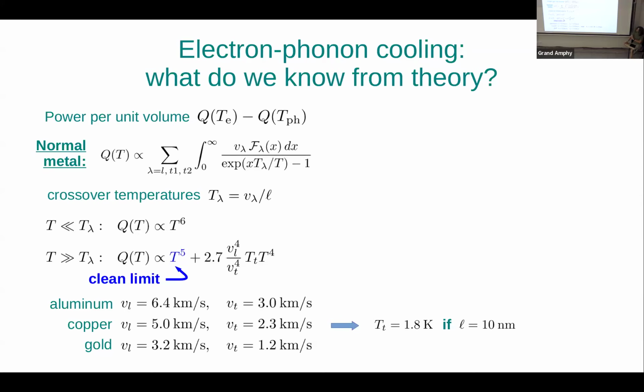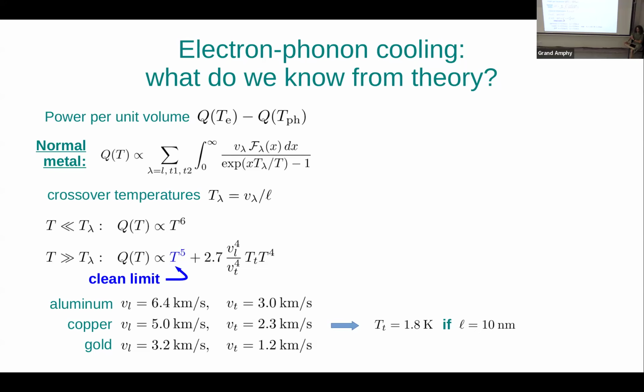And if you go to high temperature asymptotics, you have T to the power 5 for longitudinal phonons and T to the power 4 for transverse phonons. The coefficient in front does not contain the mean free path. So if you take the clean limit, mean free path to infinity, you are left only with this T to the 5.